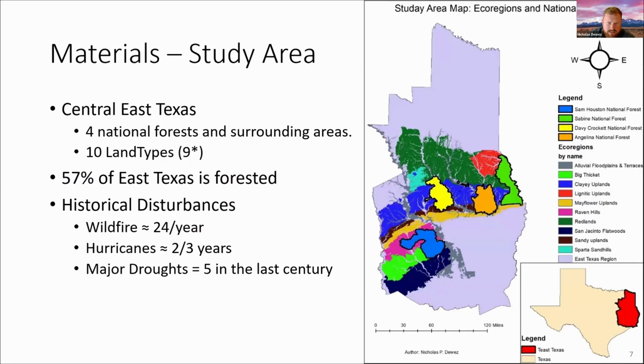We omitted one of these land types from our simulation results as it is primarily composed of the water bodies within our study area. Approximately 57% of the East Texas region is forested, and historical disturbances include approximately 24 wildfires per year, hurricanes making landfall 2 out of every 3 years, and 5 major droughts have been reported over the course of the last century.